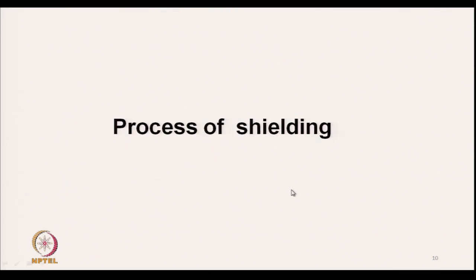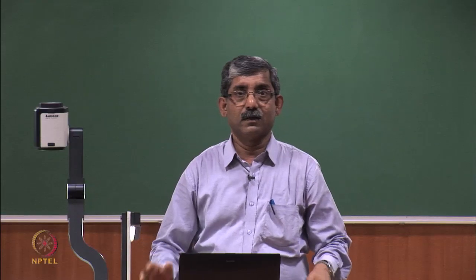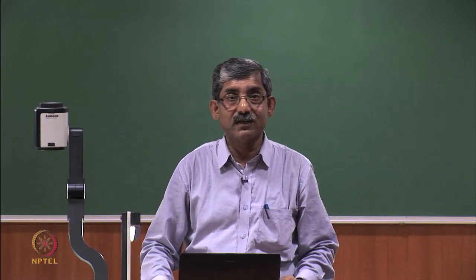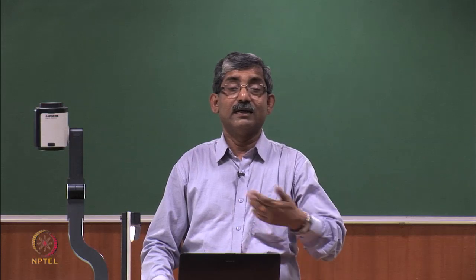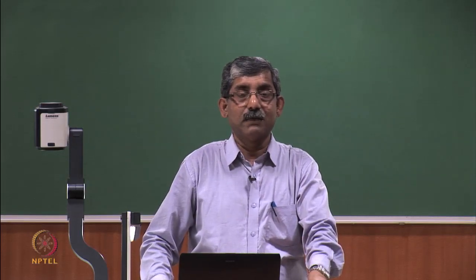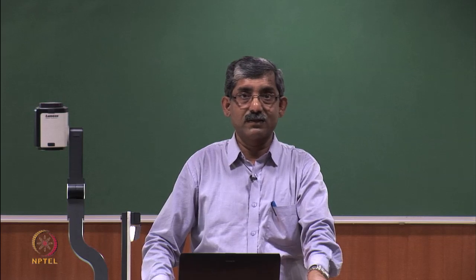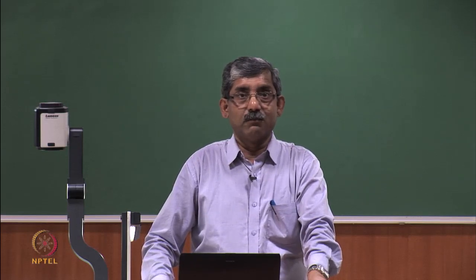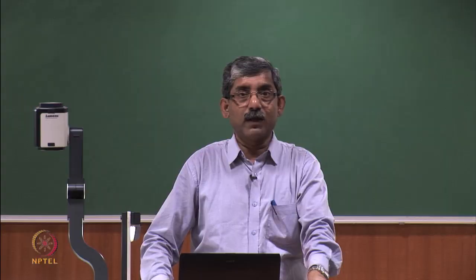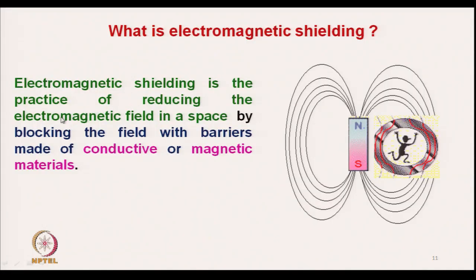Now, let us try to understand the process of shielding. How do we shield by using shielding materials? Basically, electromagnetic shielding is the practice of reducing the electromagnetic field in space by blocking the field with a barrier material of conductive or magnetic materials.